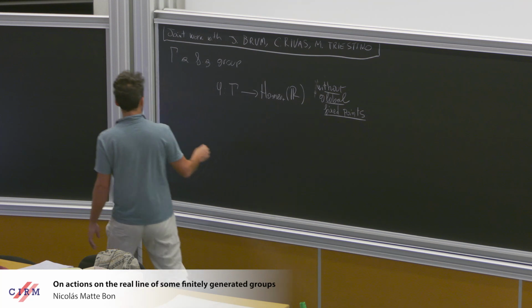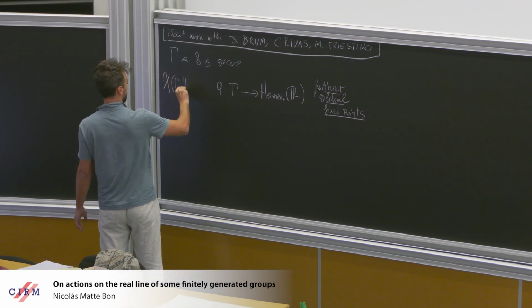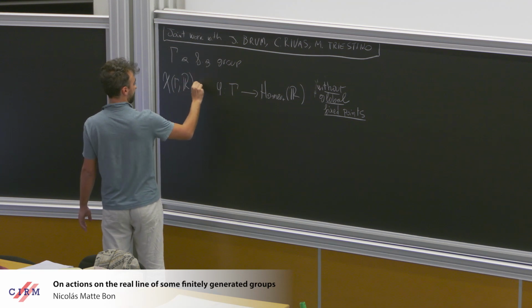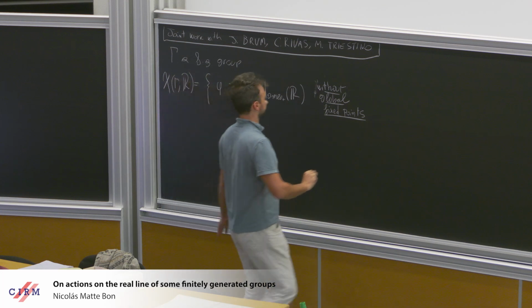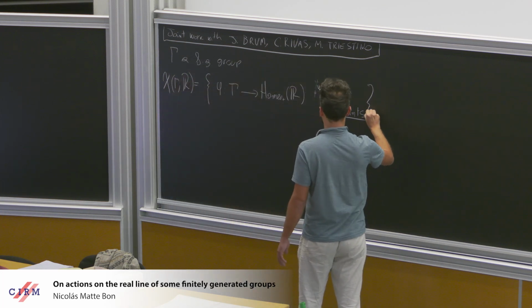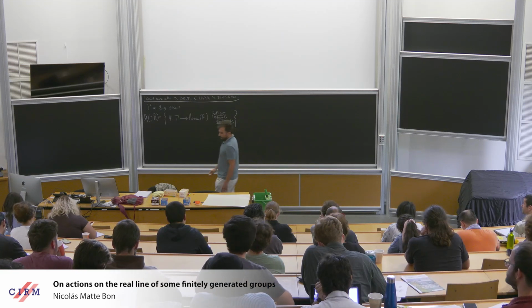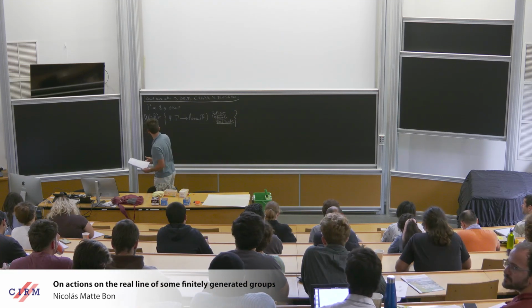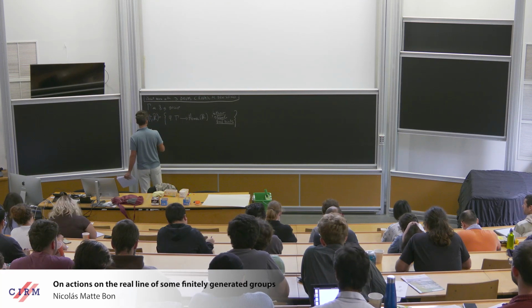So let me give a name, a bit ad hoc, to this set. Denoted chi of gamma, R, it's going to be the set of actions on the real line without global fixed points. So two observations. First of all, this set is naturally a topological space.